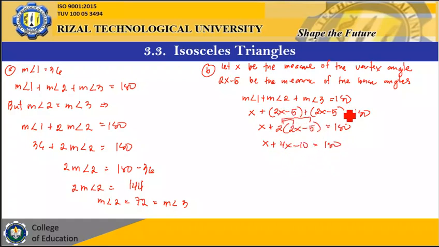Adding 10 to both sides, what we have now is x plus 4x is equal to 190. Simplifying the left side, we have 5x is equal to 190, and dividing both sides by 5, x is equal to 38 degrees. And this one is the measure of the vertex angle.